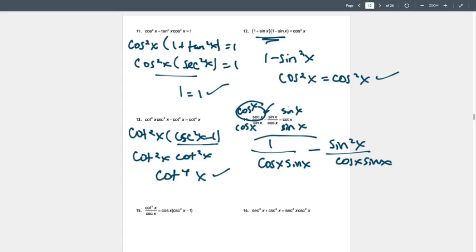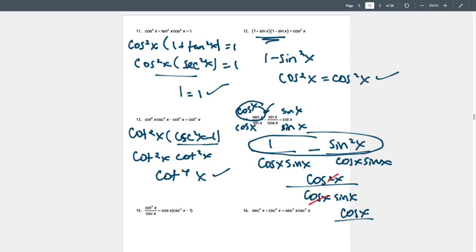So on top, when I combine the numerators, I end up with 1 minus sine squared, which is the same thing as cosine squared. And then this cosine x is going to go into that one and make it just plain old cosine x on top. So you get cosine x over sine x, which is the same thing as cotangent x, and that's what we're trying to get to.